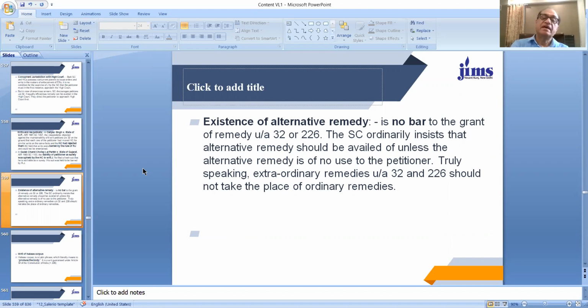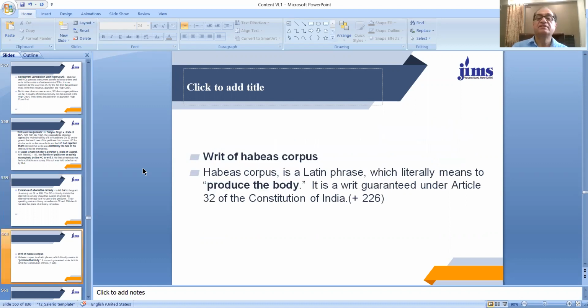Truly speaking, extraordinary remedies under Article 32 and 226 should not take the place of an ordinary remedy. So existence of an alternative remedy is no bar for filing a remedy. So this is the detail once again of the 5 writ petitions. First is habeas corpus, produce the body.